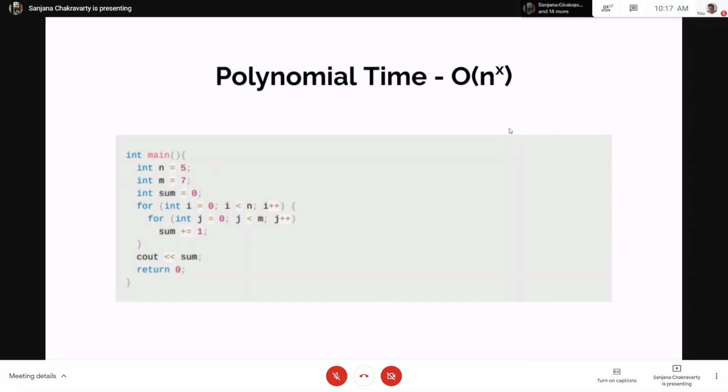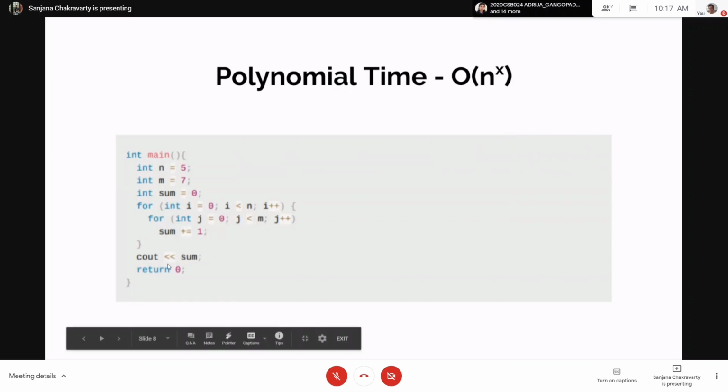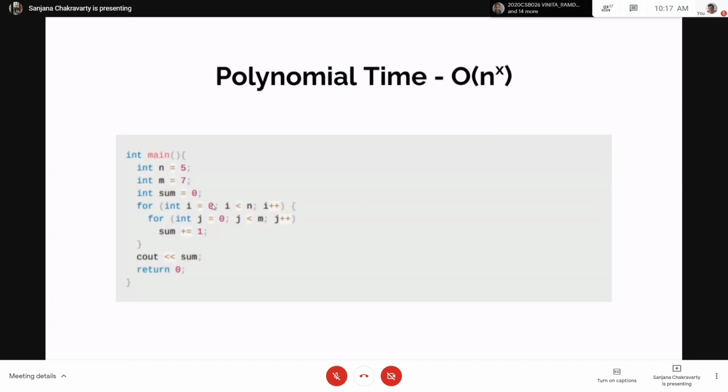Finally, an example of polynomial time, which is in the form of O(n to the power x). The smaller the x, the better. So n squared, quadratic time, is much better than n cubed, and so on. Suppose you have two loops. You have an outer loop where i is going from 0 to n, and an inner loop where j is going from 0 to m minus 1, and you have a certain number of operations inside the inner loop.